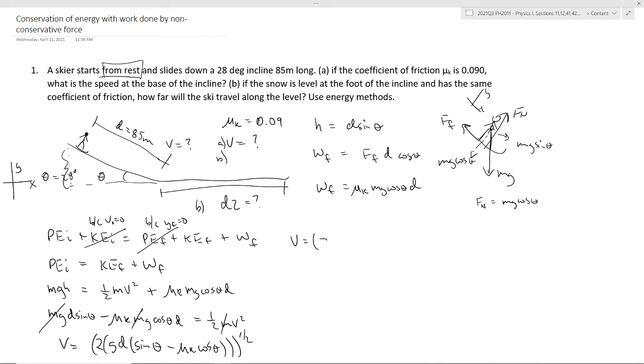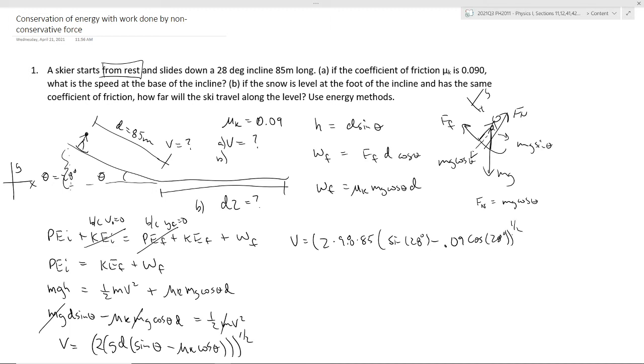So v would be the square root of 2 times 9.8 times 85 times sine of 28 degrees minus 0.09 times cosine 28 degrees.